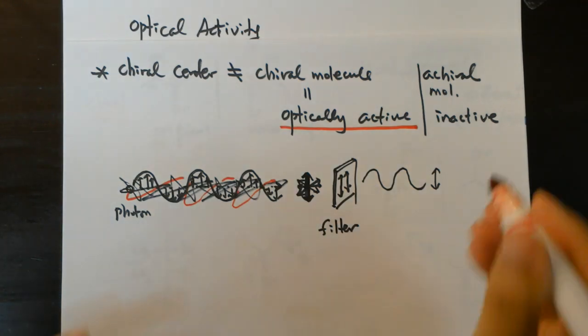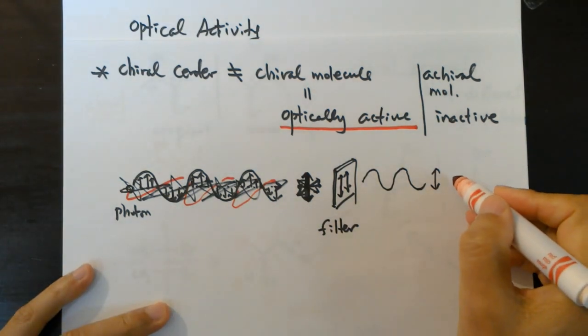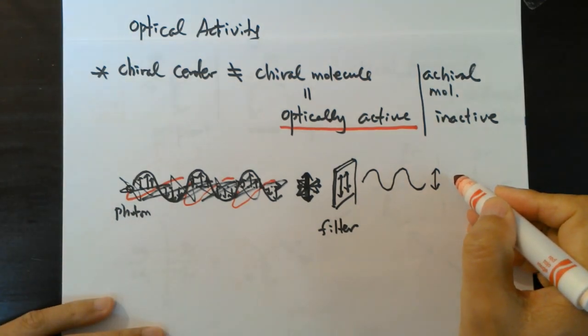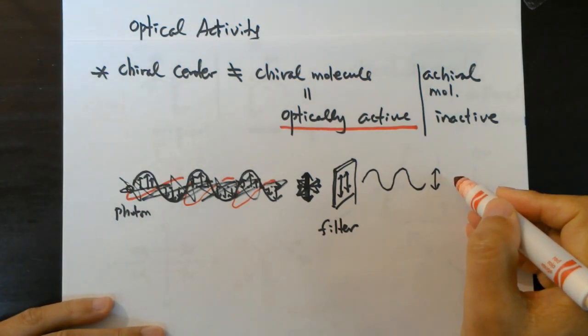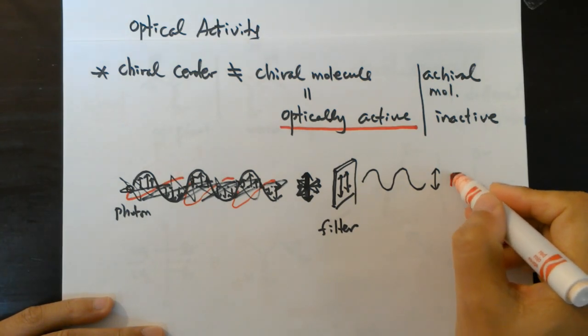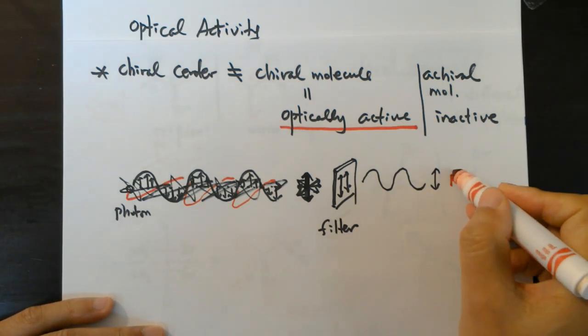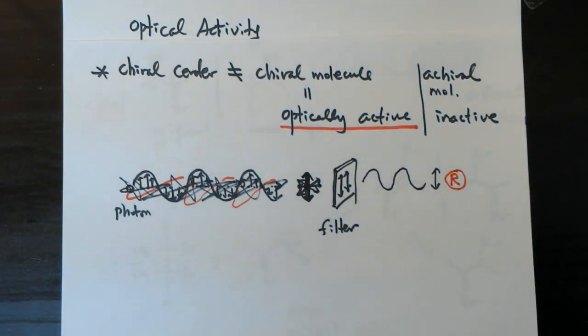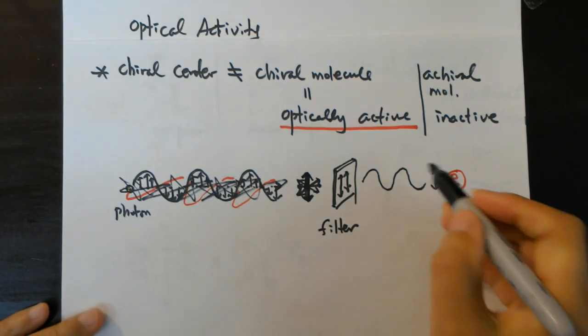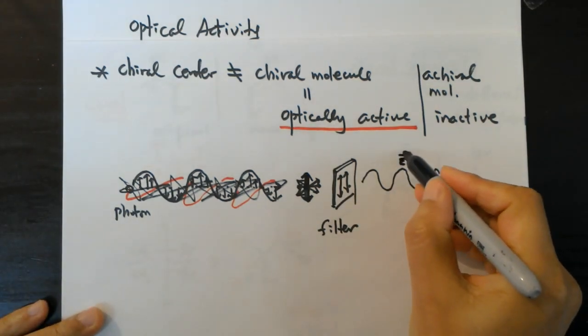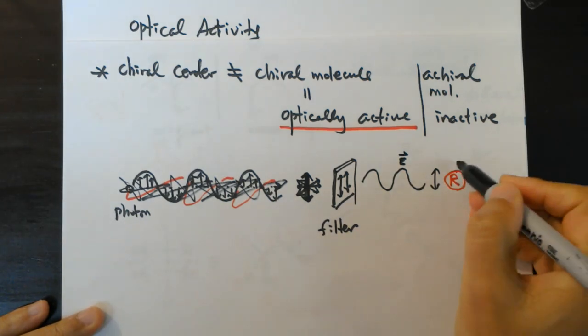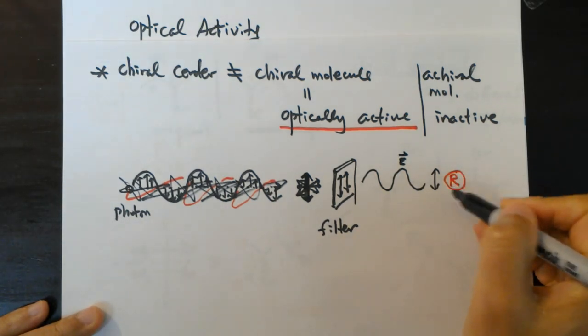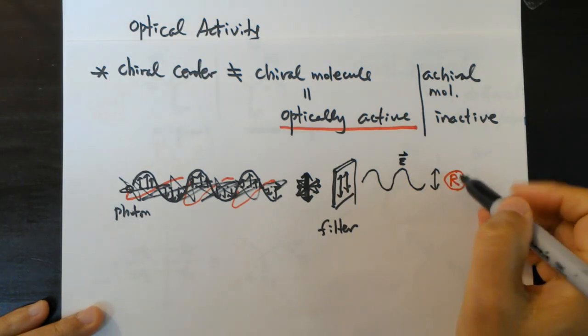Then when you place optically active compounds such as R or S, or the multiple chiral center that is not a chiral molecule, say we have a simple molecule with only R configuration, then the electric field of the photon interacts with the spatial arrangement of the charges in the R configuration.